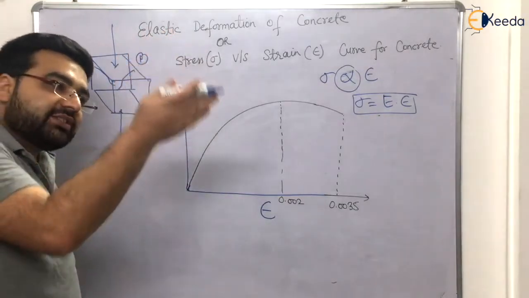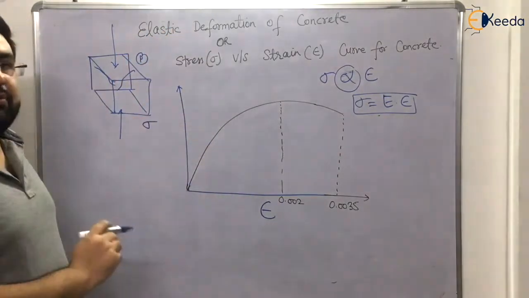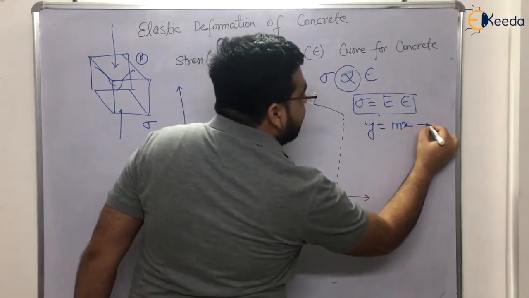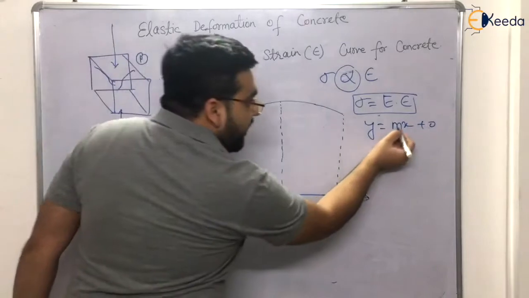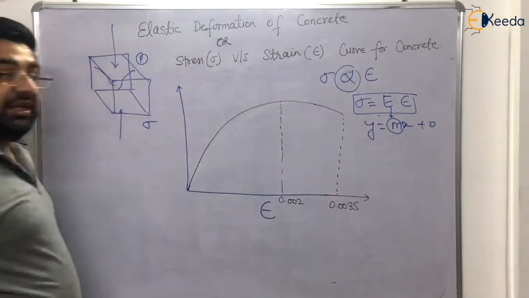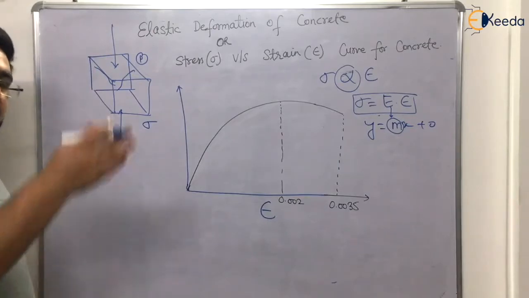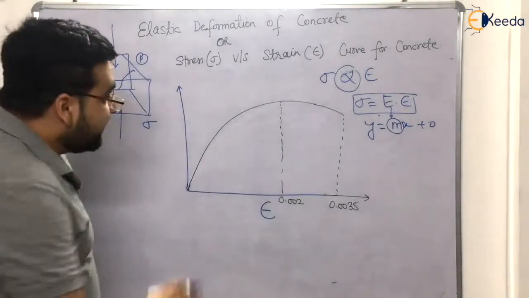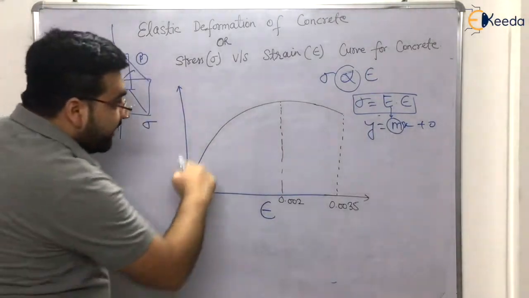If you calculate the slope of the graph, you will get it, because y equals mx plus c, where m is the slope of the line, and m is actually E. So from the stress strain curve, the slope gives you the value of E.